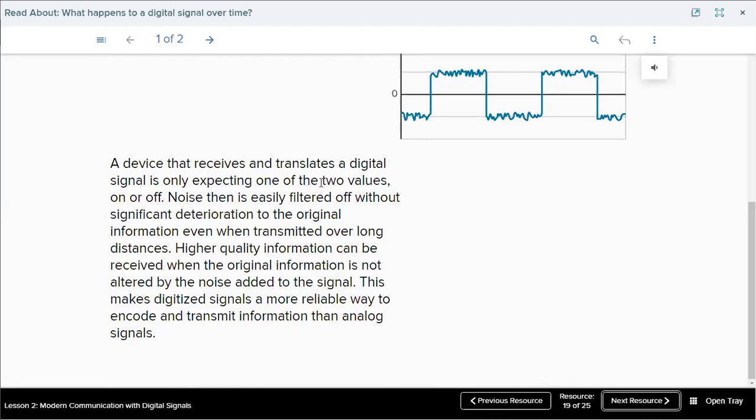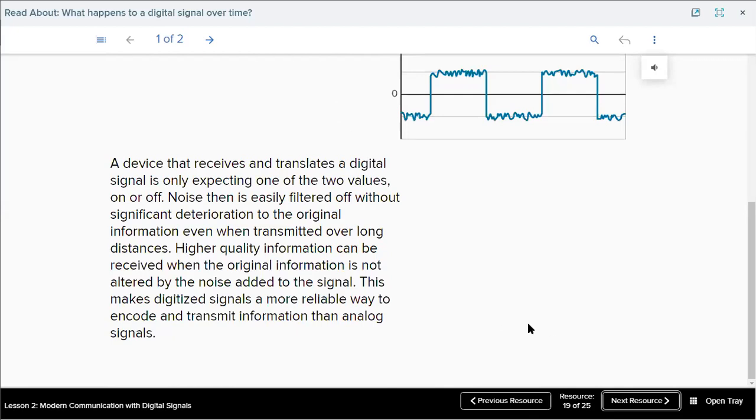A device that receives and translates a digital signal is only expecting one of the two values, on or off. Noise then is easily filtered off without significant deterioration to the original information, even when transmitted over long distances.